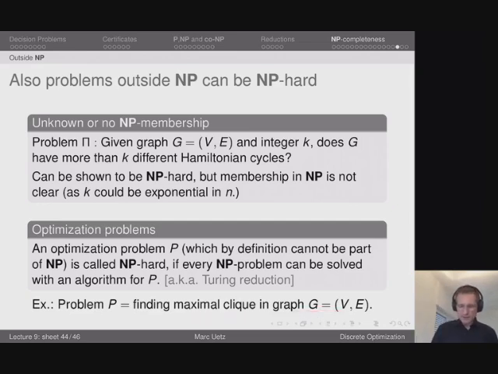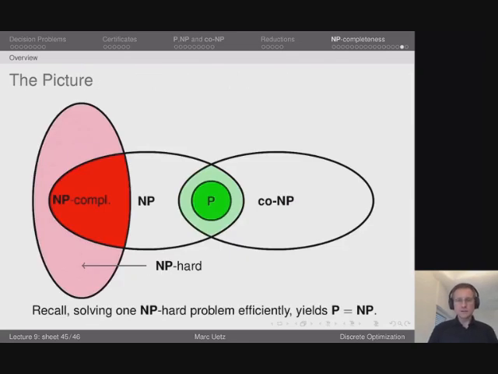Now that said, we can extend the Venn diagram of complexity classes that I had earlier by this light red area here, which now contains all the NP hard problems. These NP hard problems are potentially or syntactically outside of the class NP, but it also contains the NP hard problems which are members of NP, which are the NP complete problems.